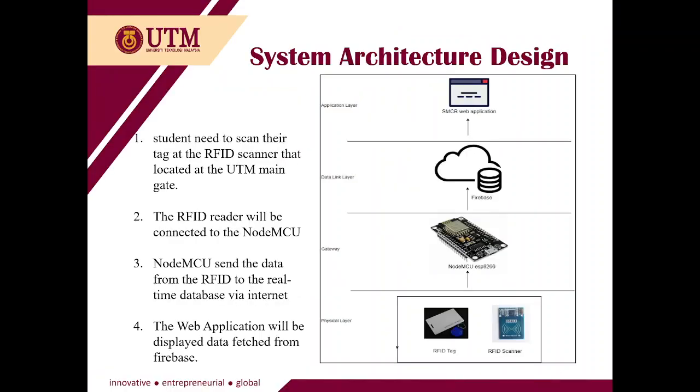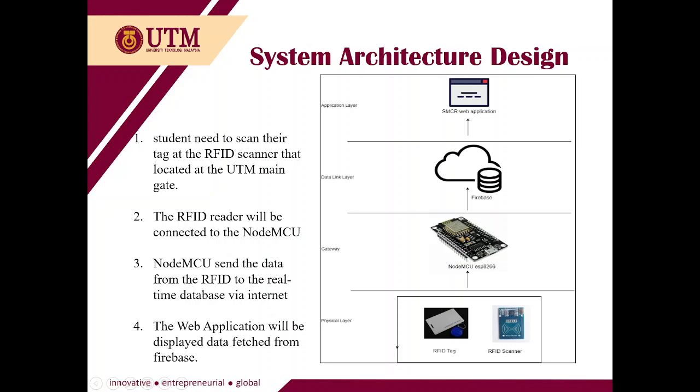This is the system architecture design, which has four layers: the physical layer for the RFID scanner, the gateway, which is the NodeMCU that needs to send the data to the data link layer, which is Firebase, and the last one is deployment for the application layer.